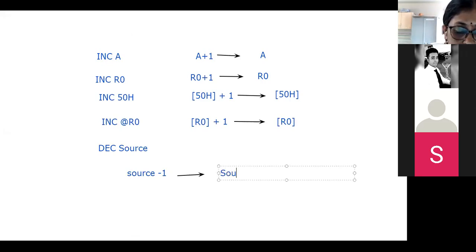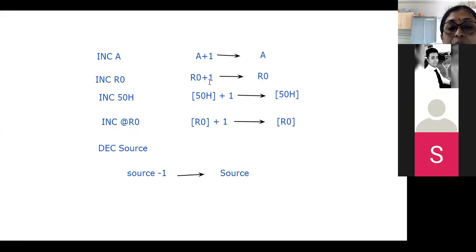So similar to the increment instruction, we can use different types of operands. Like in place of INC A, if we use DEC A, then it will be A minus 1, and that A minus 1 will be stored in the A register only. If I write DEC R0, then the content of register R0 will be decremented by 1.